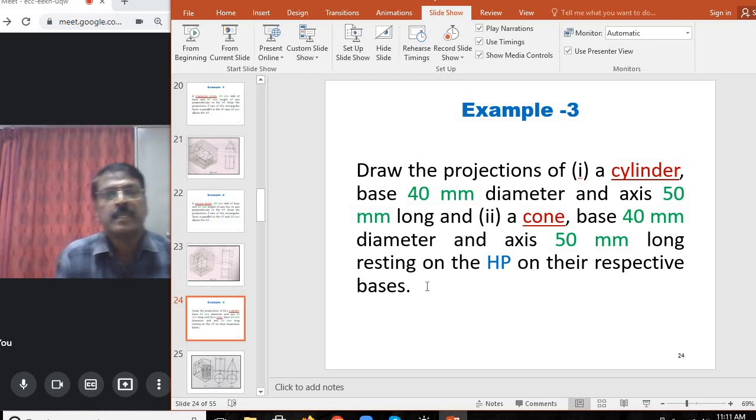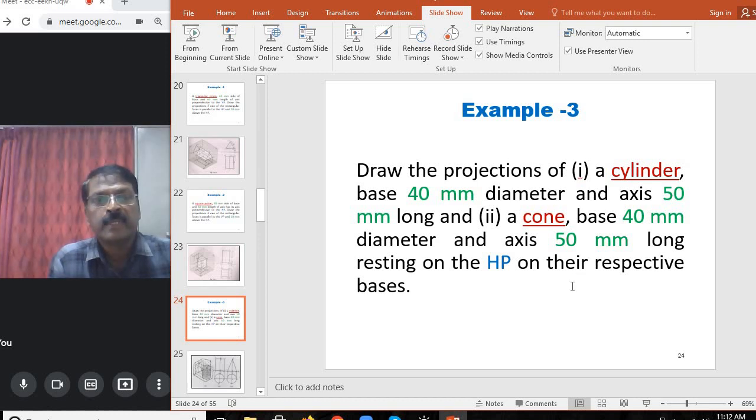So here once again, in the same problem we are given two objects. For the first it is a cylinder of 40 mm diameter and axis height of 50 mm, and for the second problem it is the same dimensions, 40 mm diameter and axis 50 mm, but the object is a cone, and in both conditions the base is resting on the horizontal plane.